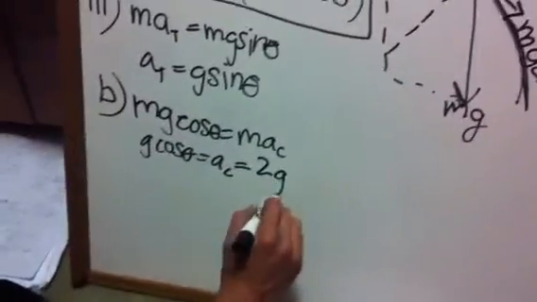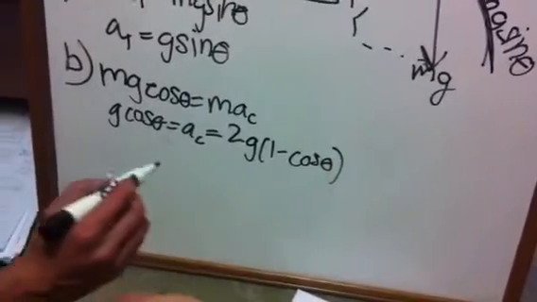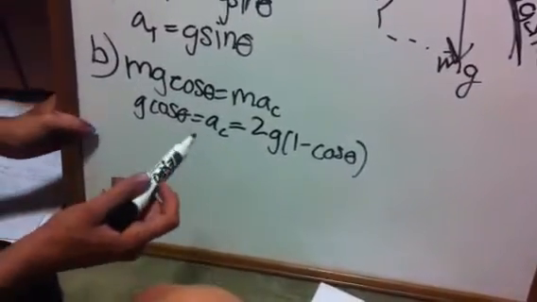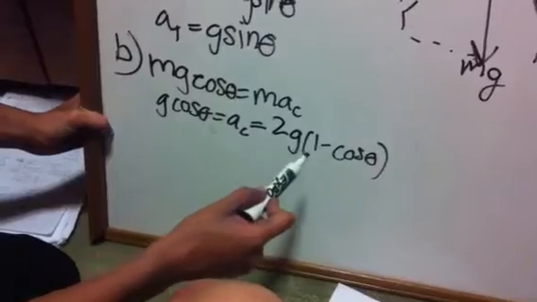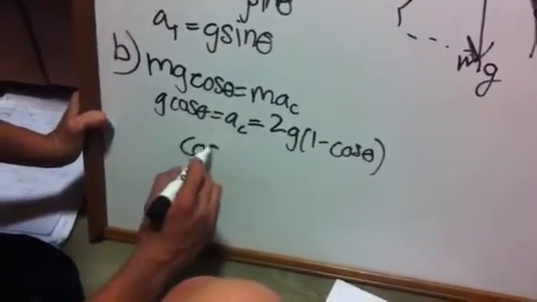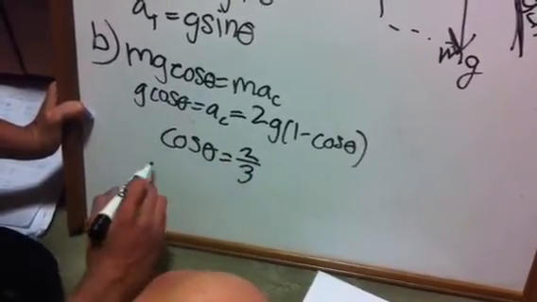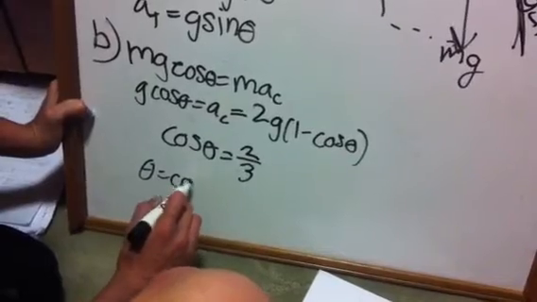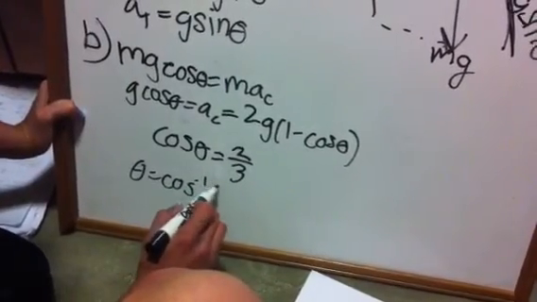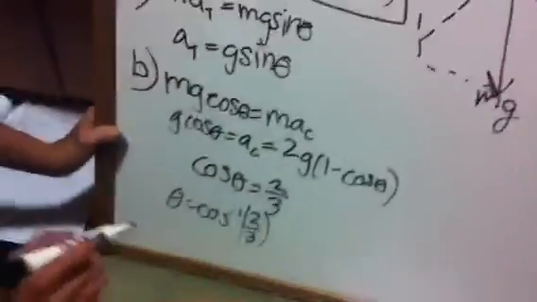So we got g cosine theta equals 2g times 1 minus cosine theta, and therefore we have cosine theta equal to 2/3, and then theta equals cosine inverse of 2/3. Done.